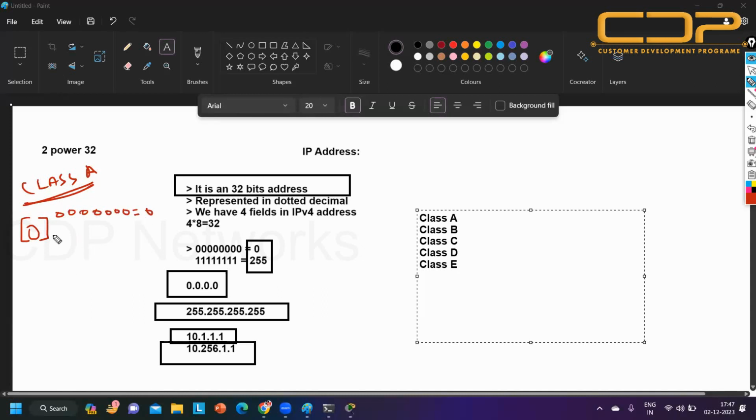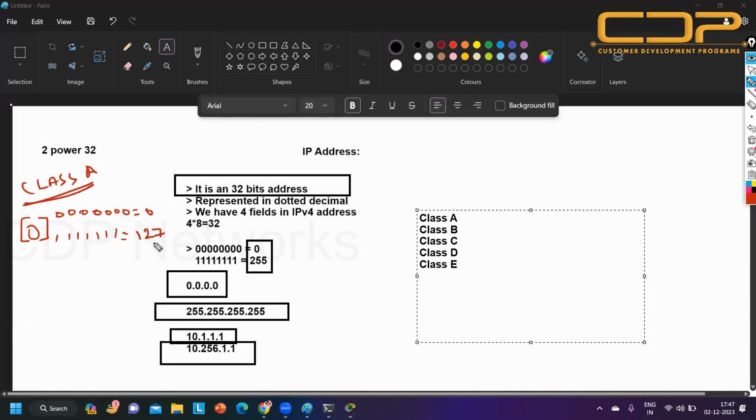And if all 7 bits are 1, then the value will be 127.